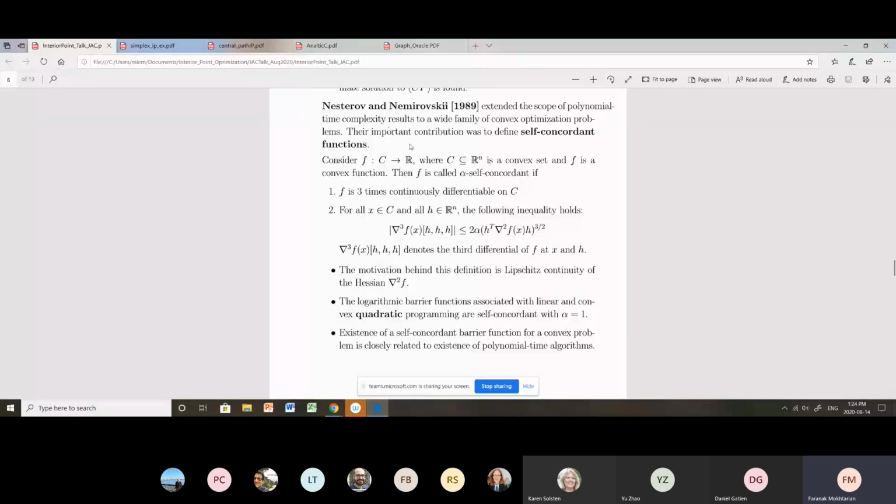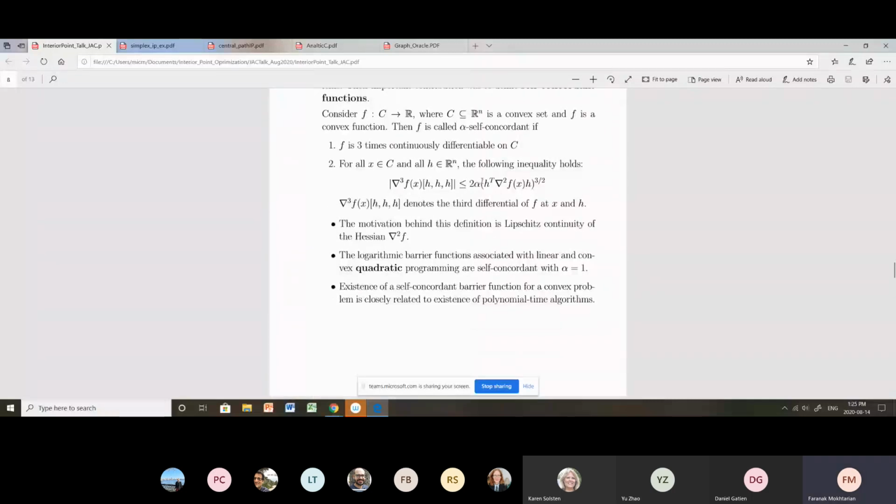So what is self-concordancy? If we have a convex function, basically these are functionals. A convex function we call alpha self-concordant if it's 3 times continuously differentiable, and this is the property. The third differential of the function at x in the direction h is less than or equal to 2 alpha times h transpose Hessian of f times h, to the power 3/2.